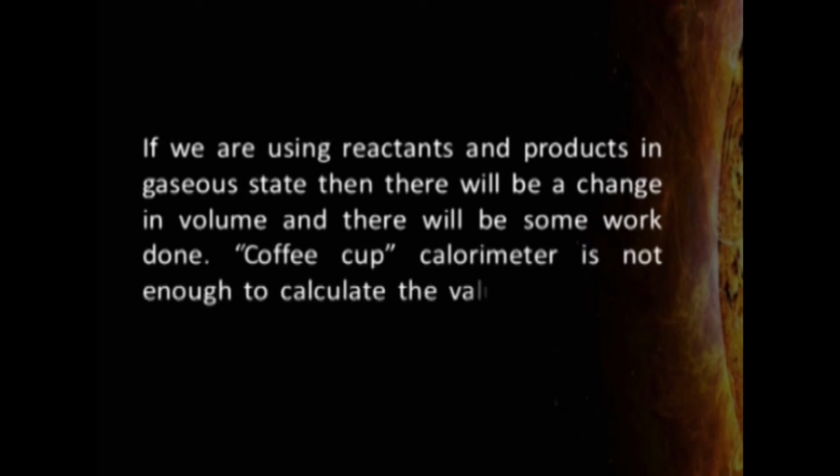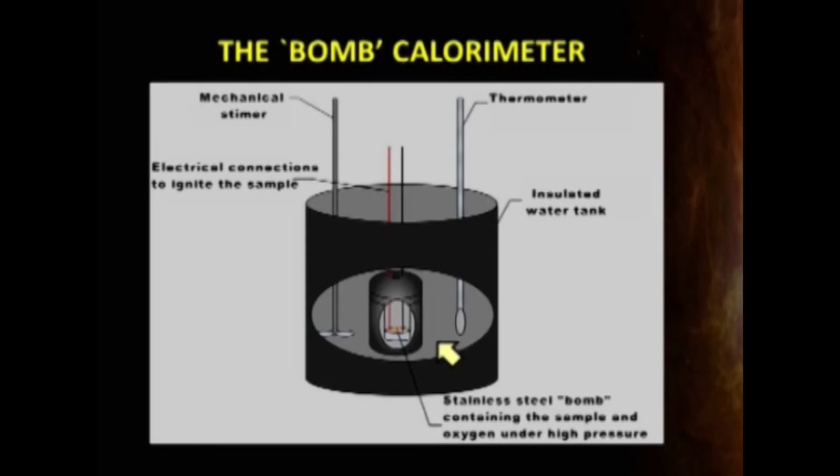Hence, coffee cup calorimeter is not enough to calculate the value at constant volume. The bomb calorimeter is an apparatus to measure the heat of combustions of reactants at constant volume. The reaction takes place in a heavy duty stainless steel cylinder called bomb.